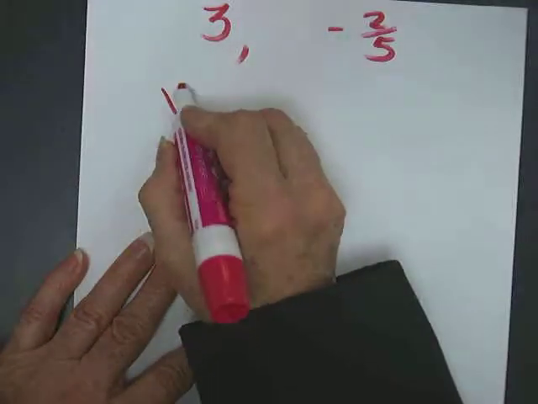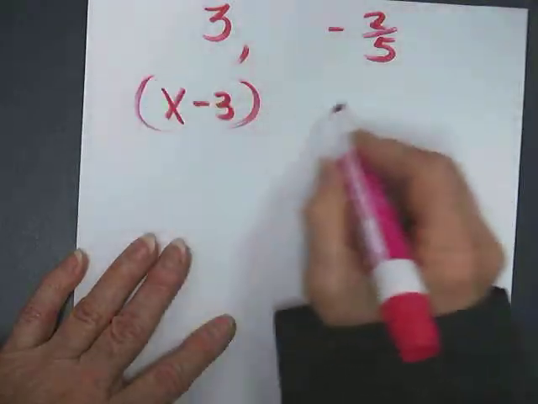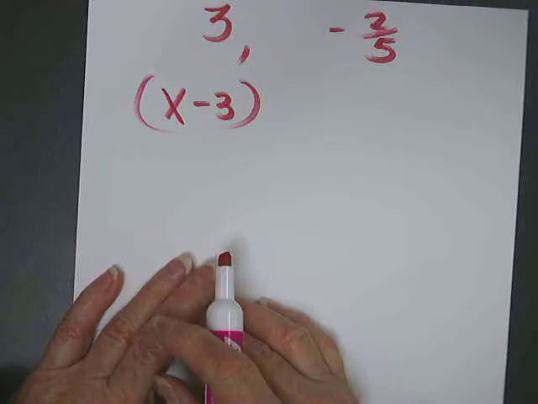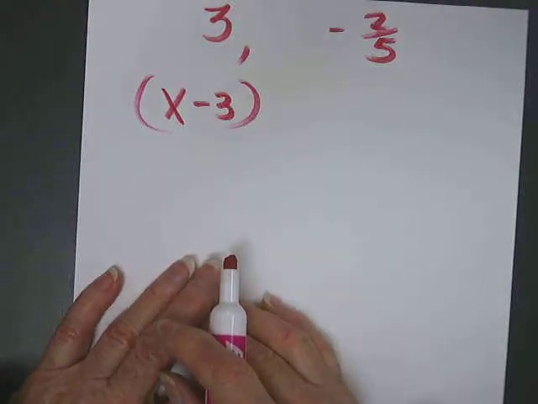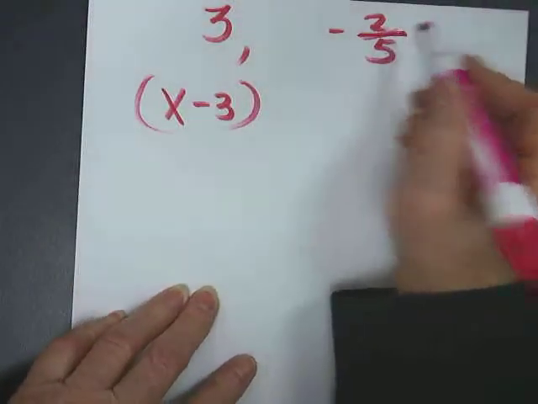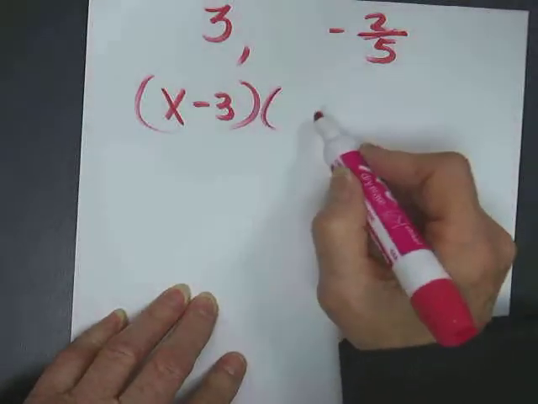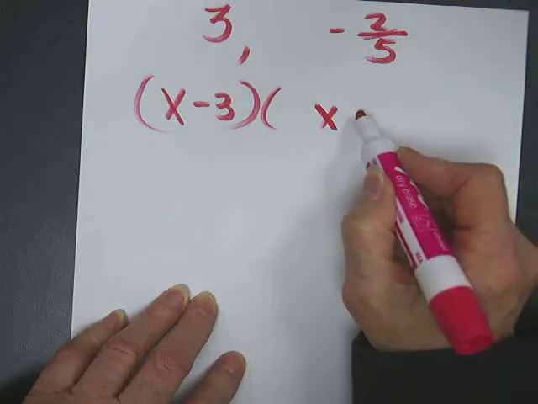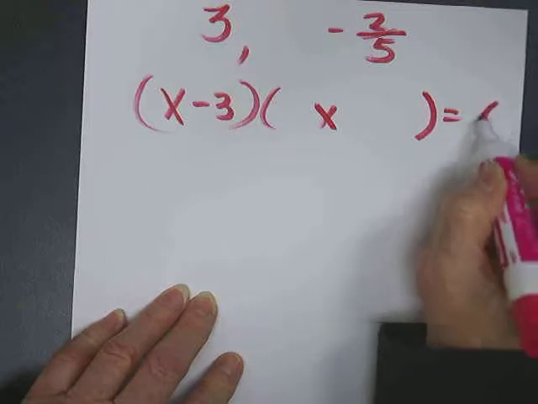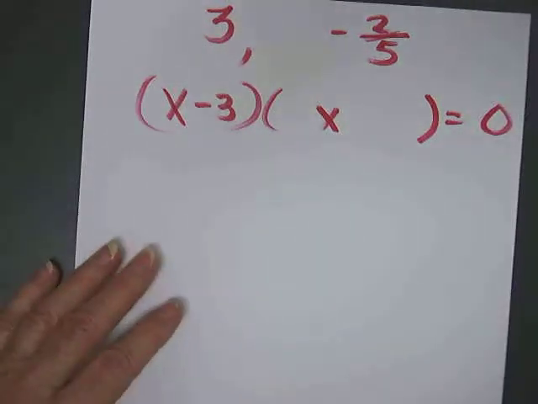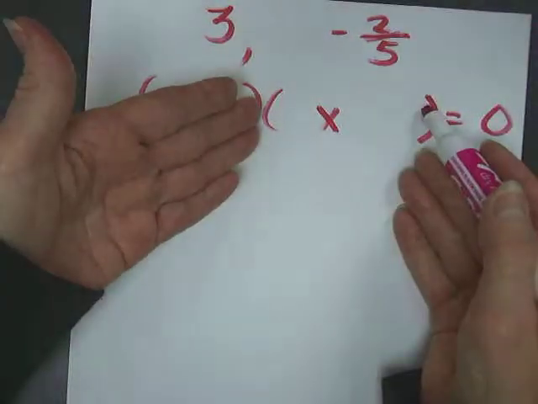Okay, let's do it with a couple other things. Let's do it with one that has a fraction. What if you have the answers 3 and -2/5? It would be x minus 3, x plus 2/5. This one's going to be a little harder to figure out.